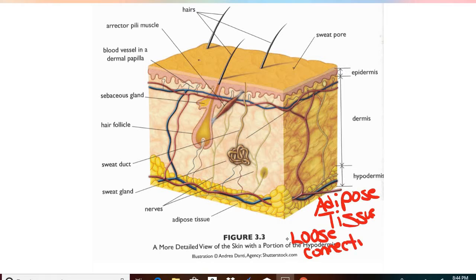So adipose tissue and loose connective tissue make up the hypodermis. And it serves several purposes. It provides some insulation, so for warmth and retaining heat. It also serves as some padding between the skin and the muscle or bone that is underneath.